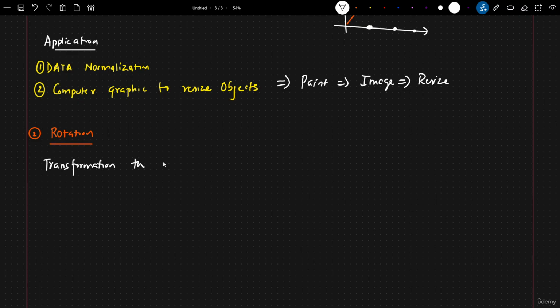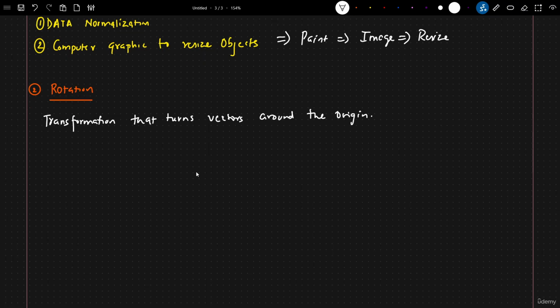So here, the transformation that turns vectors around the origin, or any other fixed point, you can just say. Now what does this basically mean? We'll just try to see.